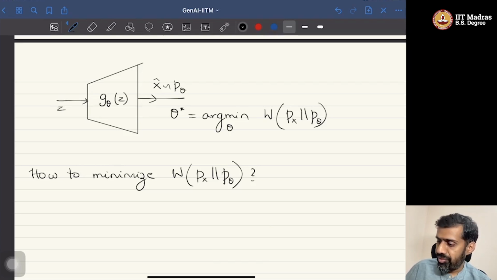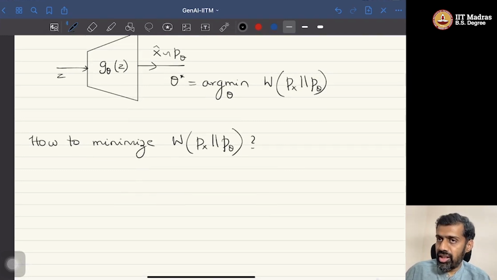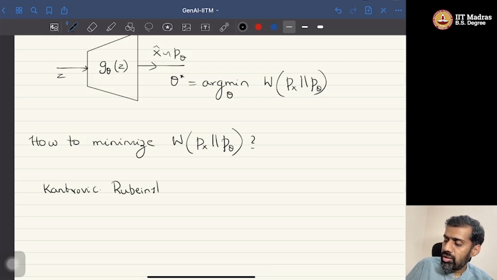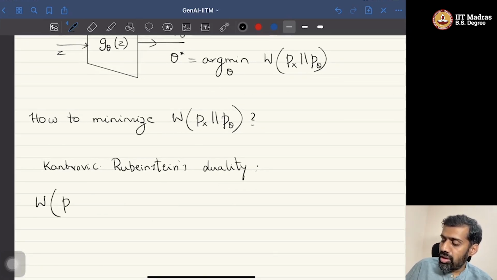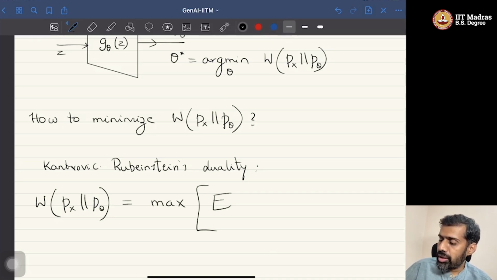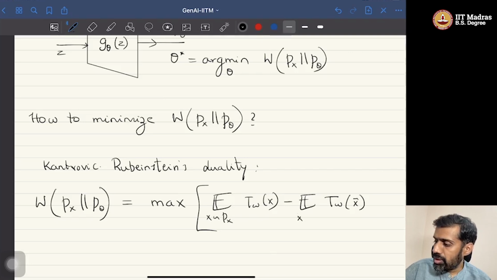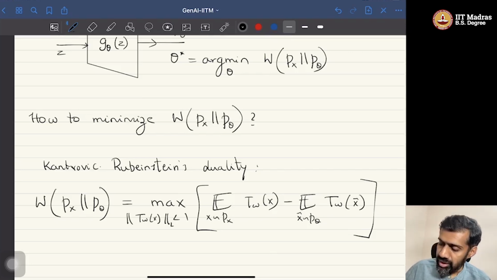So it turns out that there exists a result called the Kantorovich-Rubinstein duality, which says that Wasserstein's metric between two distributions px and p theta is given by the max over expectation of a function tw of x, where x is coming from px, minus the expectation of tw of x cap, where x cap is coming from p theta, and this maximization is over all functions tw of x which are 1 Lipschitz. Okay, I'll tell you what that is.